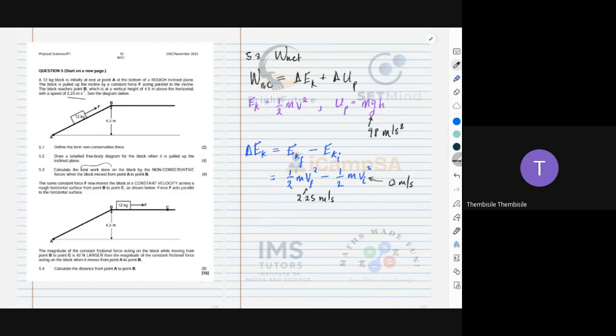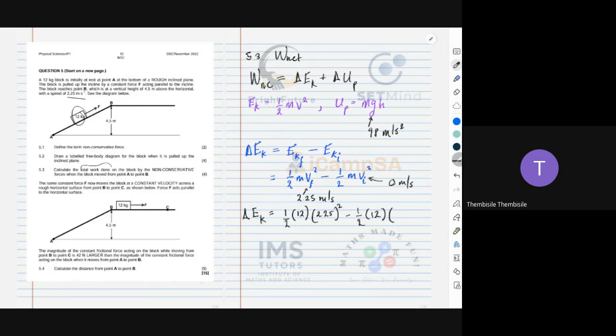So that means we've already got most of the things that we are looking for, actually. So if we carry on, we can say change in kinetic energy equals 1 over 2, our mass is 12 kg here, times VF, which we've been given, 2.25, squared, right? Minus 1 over 2, 12, initially it was 0.